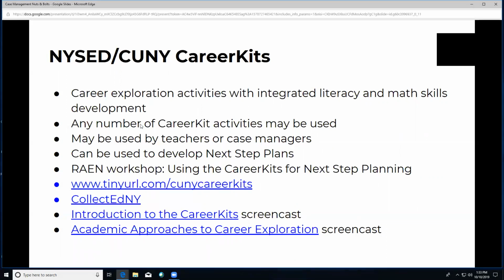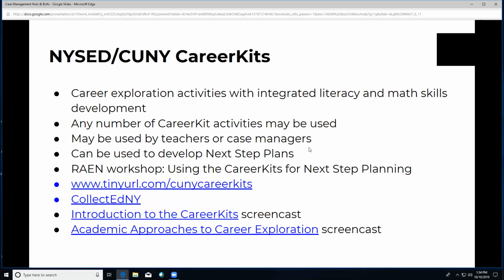Bullet point number 2, I just want to remind you that any number of career kits satisfies the career kit WIOA requirement. So there is no set number of activities that you need to use. Again, it can be used by teachers or case managers. A lot of the career kit activities can be used to develop the next step plan, which is one of the other requirements, which we'll talk about next.